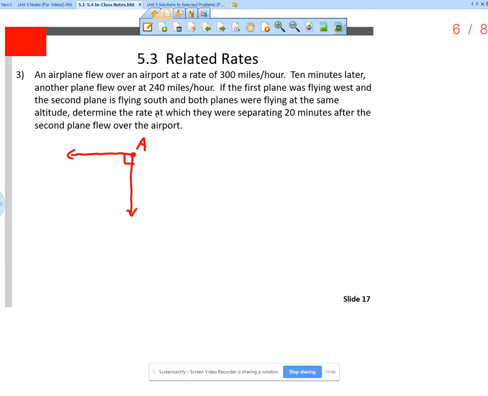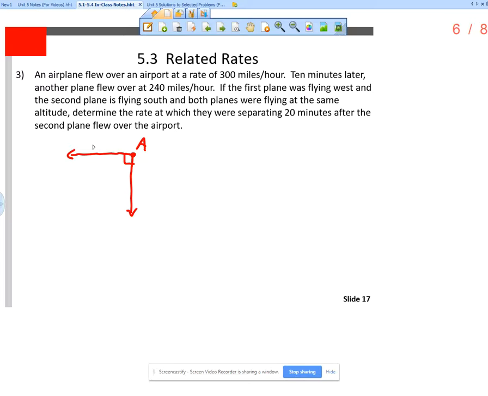So now, what variables can we give here? First of all, it says an airplane flew over an airport at a rate of 300 miles per hour. So this plane is flying at a rate of 300 miles per hour. The question is how far is the plane from the airport, or from the point directly above the airport?